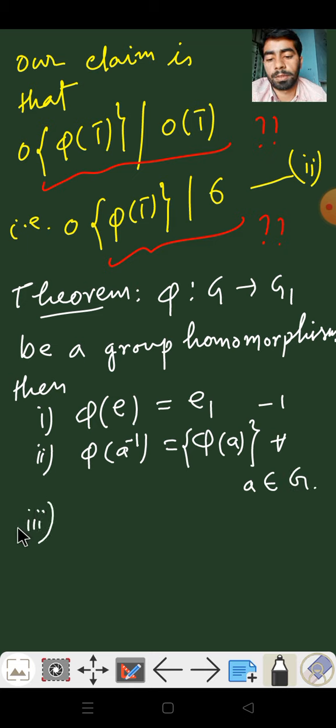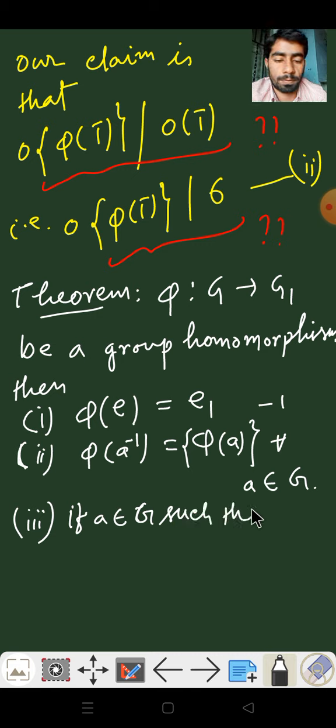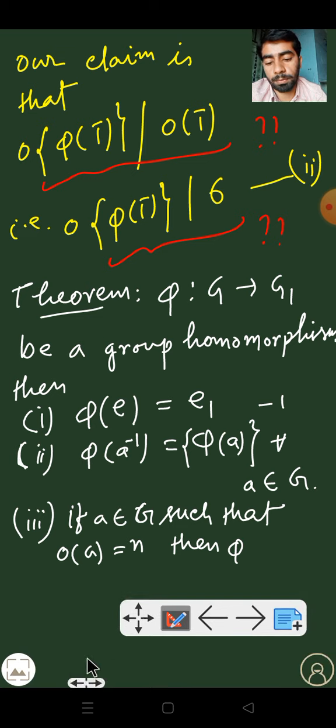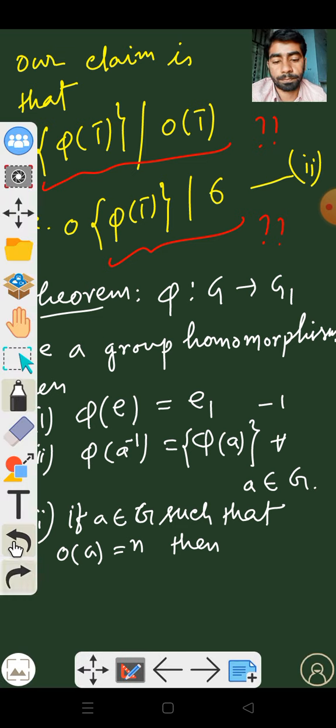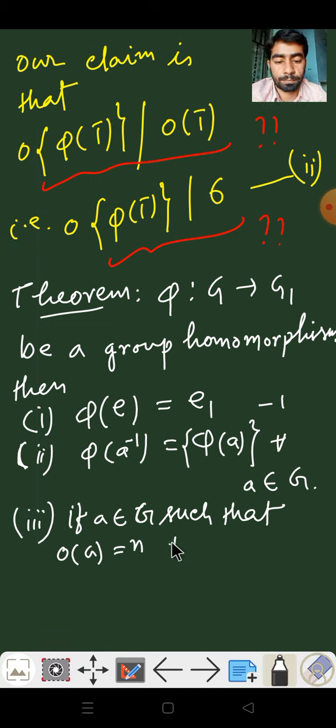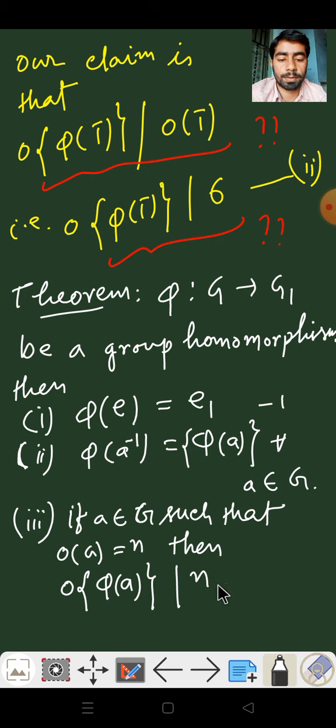And one more, which is important and which I will use: if for any A belonging to G the order of A is n, then the order of phi of A will divide n.